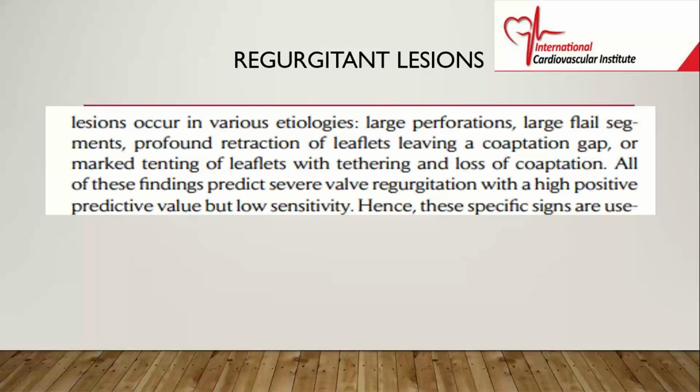So by just looking at how the valve closes, you can determine if this is going to be a significant regurgitation, yes or no. So look at the valve, because you might see a huge gap where the valve closes. And from that, you can deduce that the patient is probably going to have severe regurgitation.